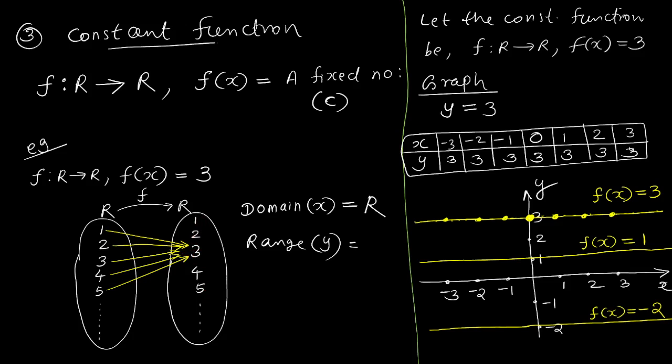So range is the value of y, which is only 3. For this particular constant function, range is {3}. So the values of x is the domain. X is on the left hand side and y is on the right hand side. The values of x are real numbers, but the value of y is 3 only.